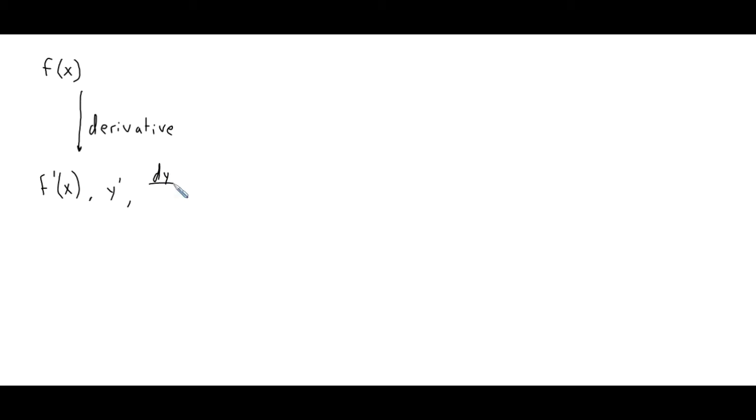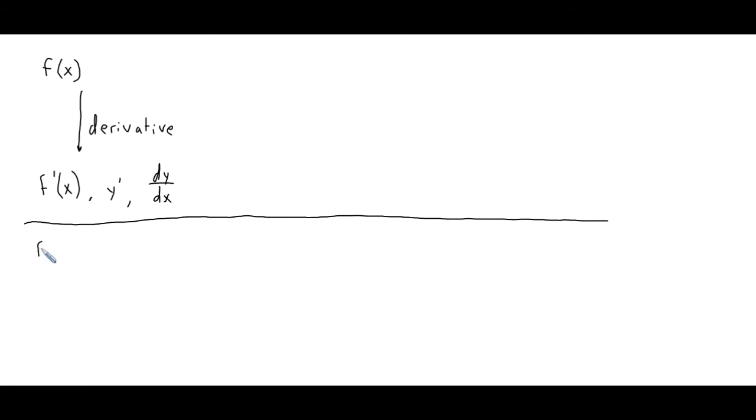You can write f prime of x, y prime, or this last one called dy dx. These all mean the same thing, really. I don't know why in math we have so many different names for the same thing, but you can basically use them interchangeably. Each one of these just represents a formula that you can plug an x value into that gives you the slope of the tangent line at that x value, just like we were looking at a minute ago.